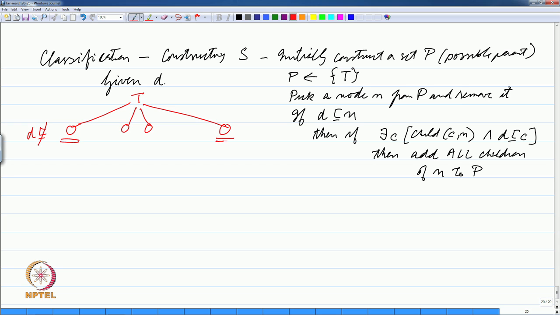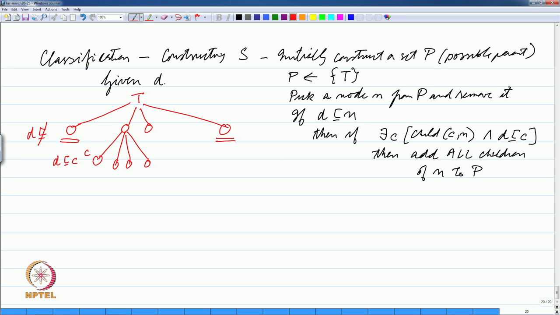Likewise, let us say this one also does not subsume D. So, we throw it away. But let us say for this node there is a child C which subsumes D. Then what do I do? I add all the children to P.